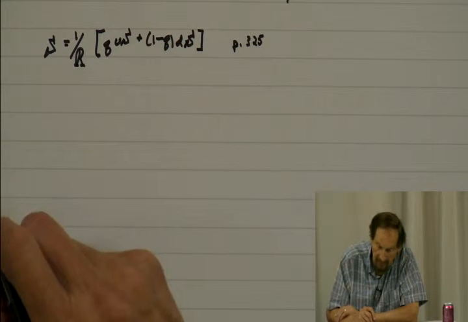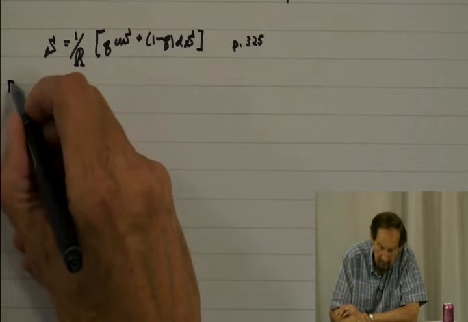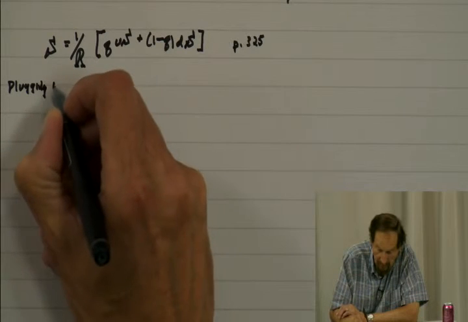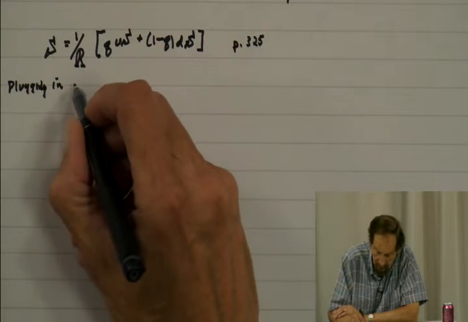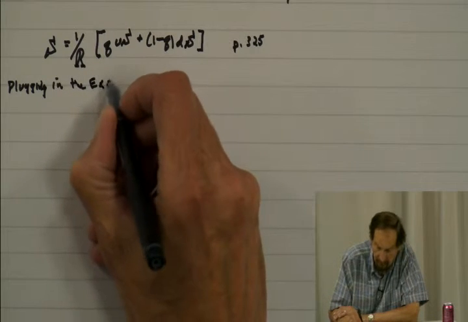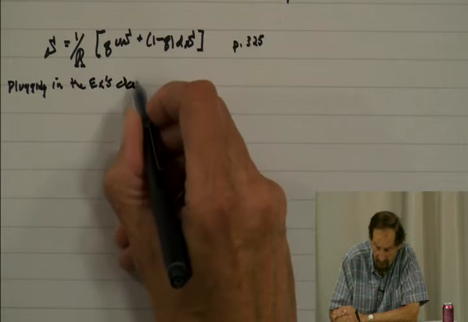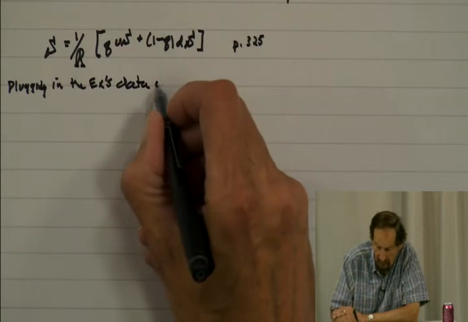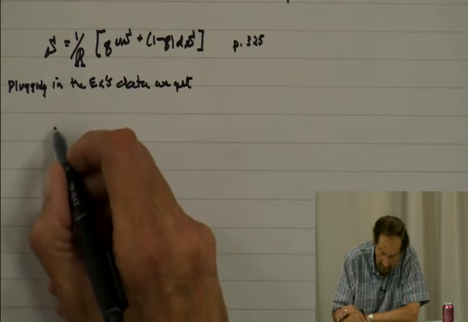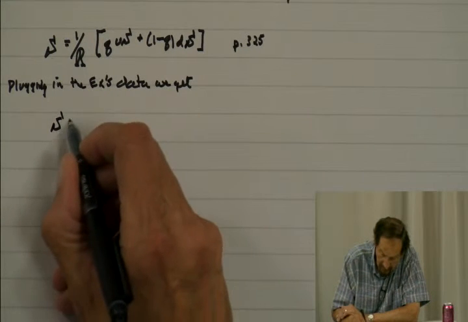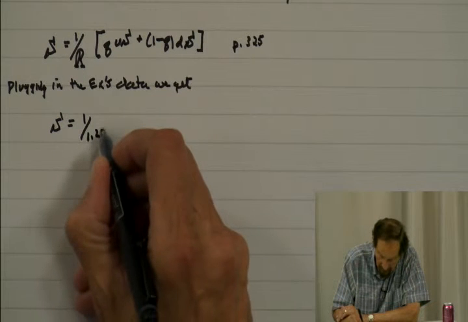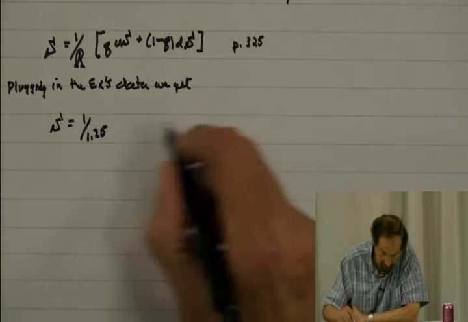Let's plug in our data, the example's data. We get that S equals 1 over 1.25. R is 1.25.